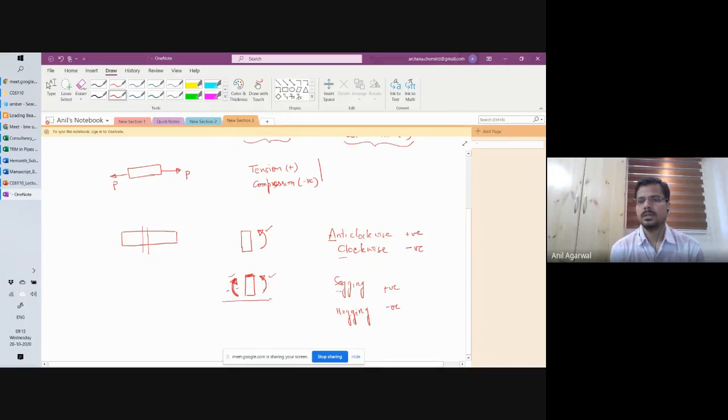And that's why the sign convention used in this case is sagging versus hogging. And I have seen students and engineers often confused which sign convention to use. When you're dealing with bending moment, you have to consider this sign convention. When you are dealing with a single moment, then you have to use this sign convention.